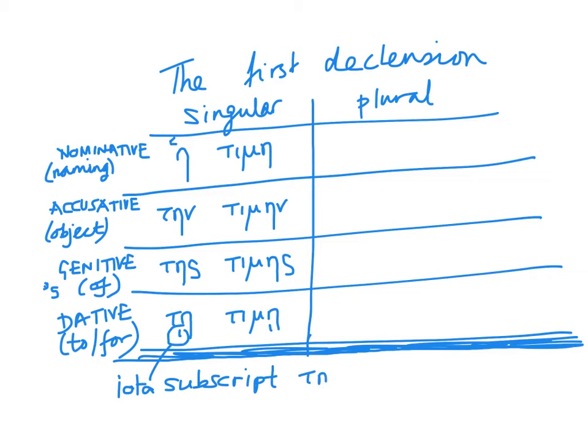And in fact, you do see in Homer, for example, that is the dative ending of the, tēi. And as time went on, it became the thing to write it underneath the eta, like that. We call it an iota subscript because it's subscript, it is underneath another letter.